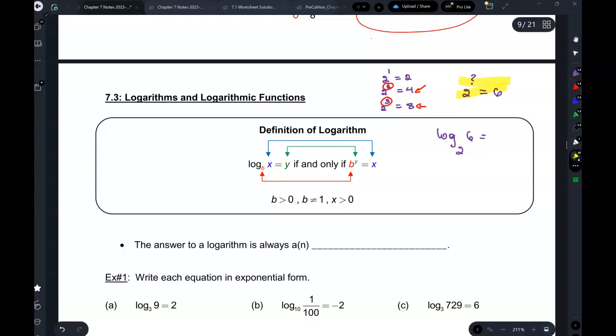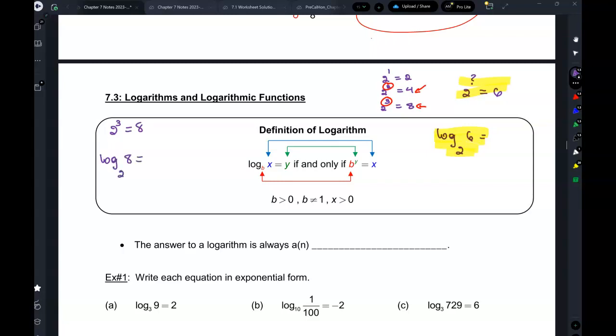So that highlighted thing at the top and this are exactly the same thing. The way I read this is log base 2 of 6. So let me write it another way. What is 2 cubed equal to? 8. Log base 2 of 8.